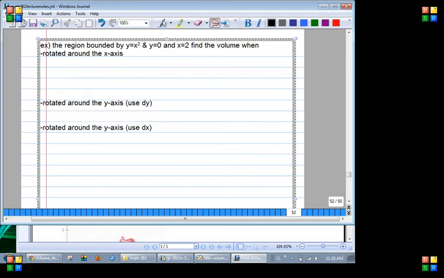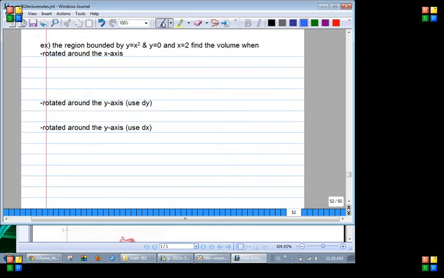Sketch it. I think everyone believes that sketch is the right first thing to do. Okay. So rotate around the x-axis. So like this. Also y equals 0 and x equals 2. Okay?